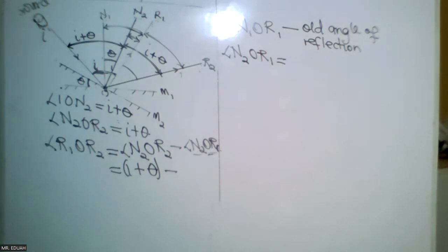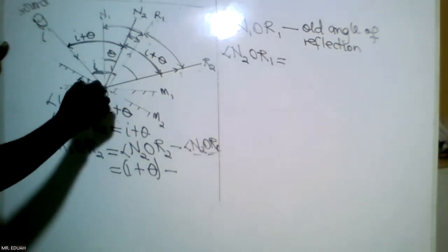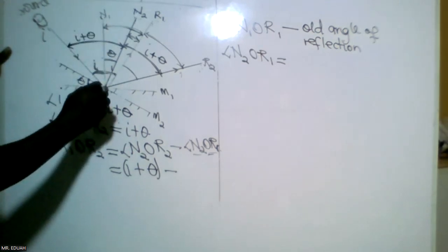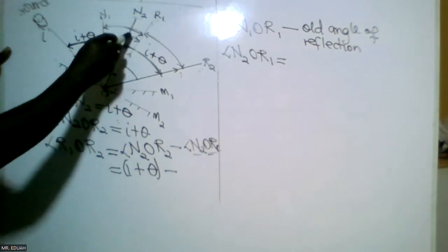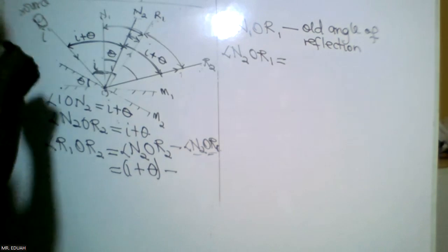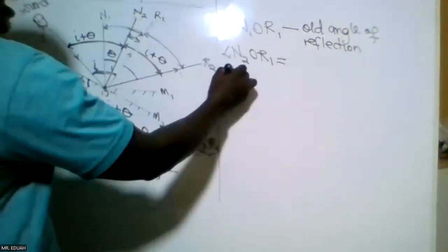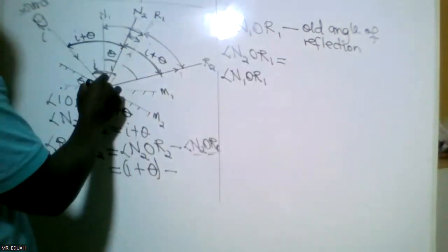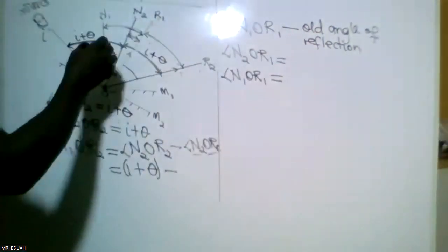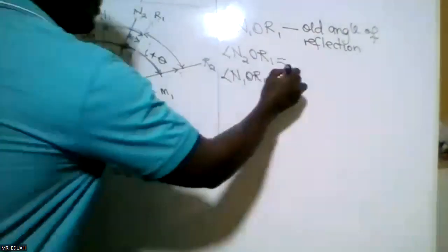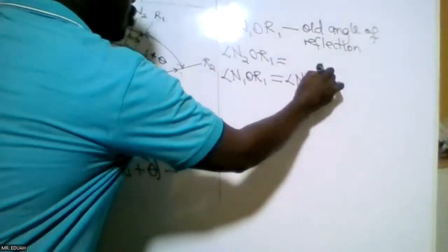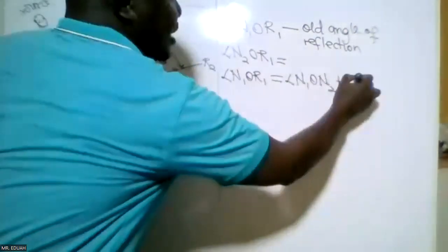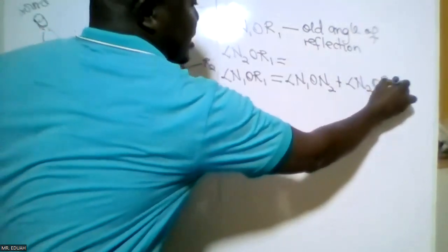You are close, but you see, N1OR1 is made up of two angles: angle N1ON2 plus angle N2OR1. So angle N1OR1 is equal to angle N1ON2 plus angle N2OR1.